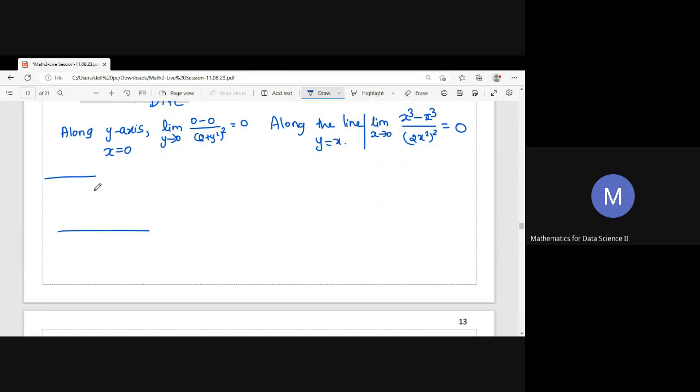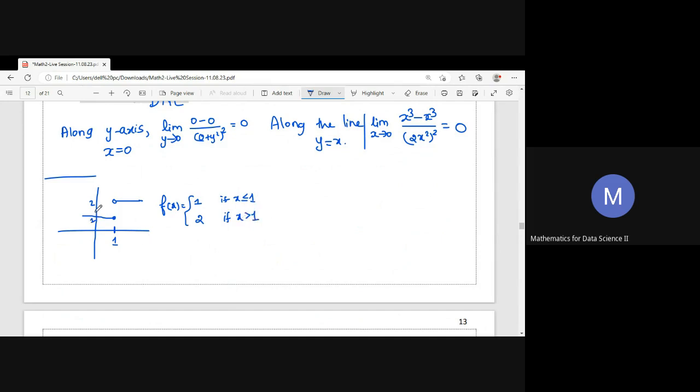So, for example, if you have a step function with a jump discontinuity, f of x is 1 if x is less than or equal to 1, and it is 2 if x is strictly greater than 1.